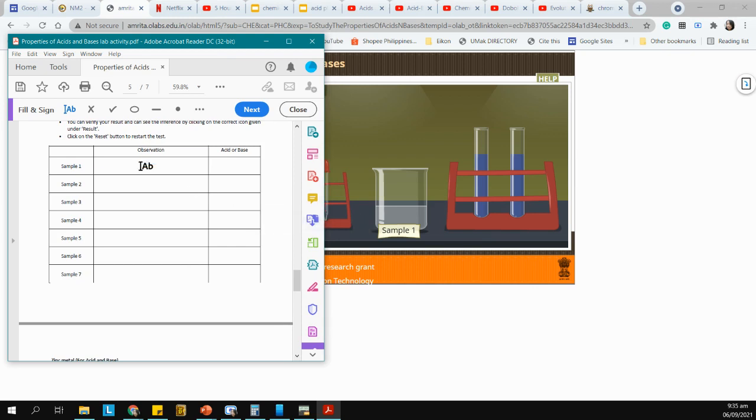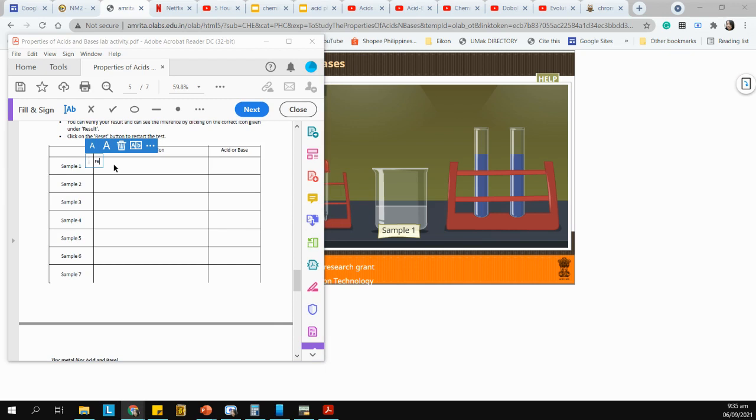For example, sample 1. So sulat nyo dyan, red litmus turn to blue. Yan.